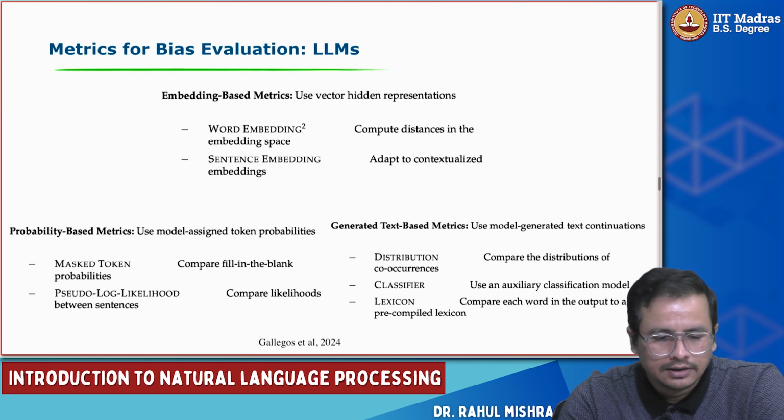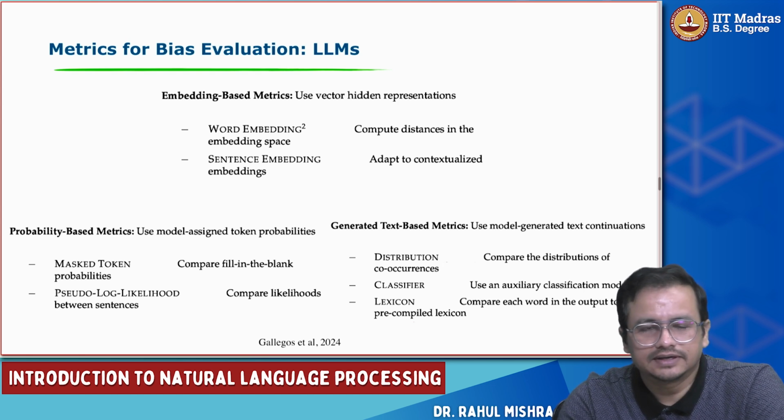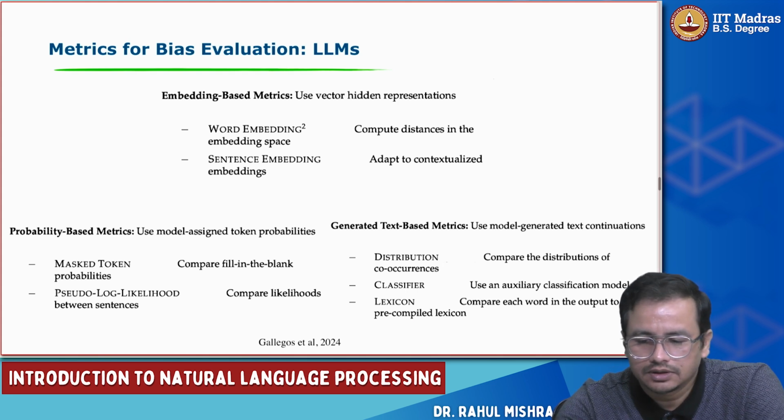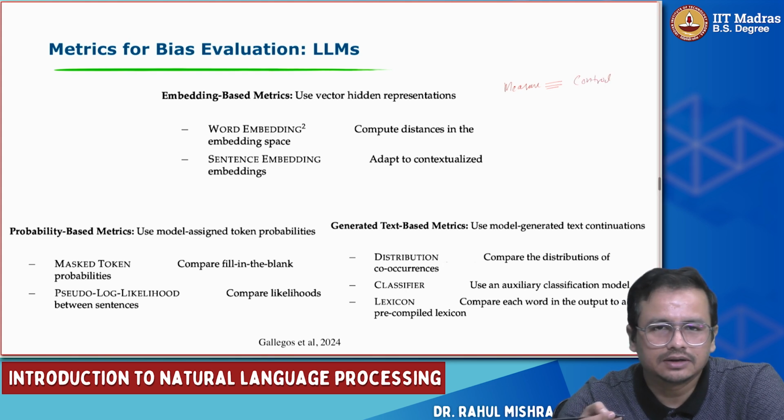Before discussing the techniques, we need to know the metrics you can evaluate, which will give you an idea how much bias is there. The simple rule is: things which you cannot measure, you cannot control. Only things which you can measure, you can control. If I cannot measure something, I cannot control it, because I don't know what is happening there.